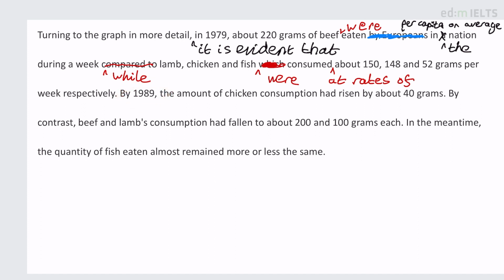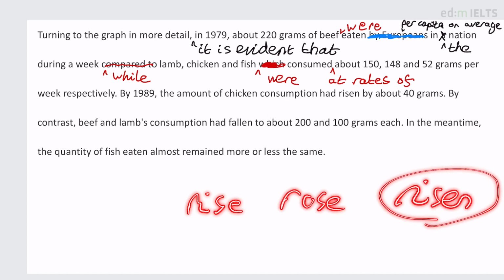By 1989, the amount of chicken consumption had risen by about 40 grams. This is quite nice. Sometimes we use by and past perfect. Past perfect: subject plus had plus pp. So in this case it's rose, and pp, past participle, risen.